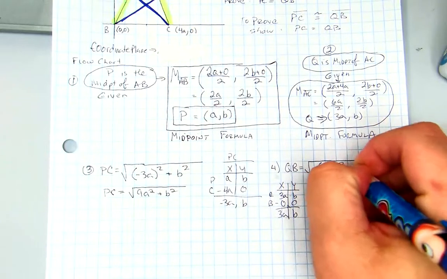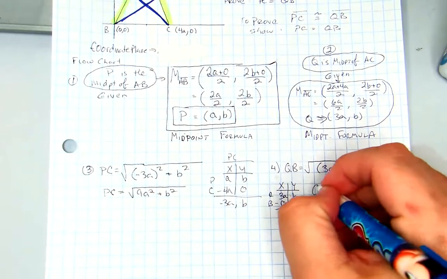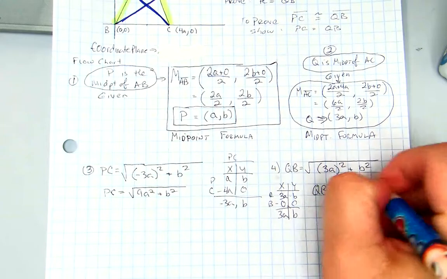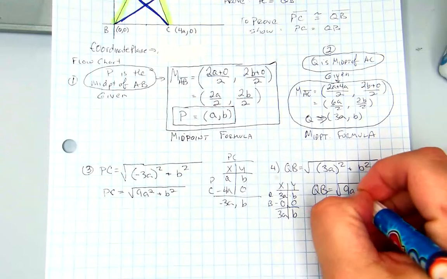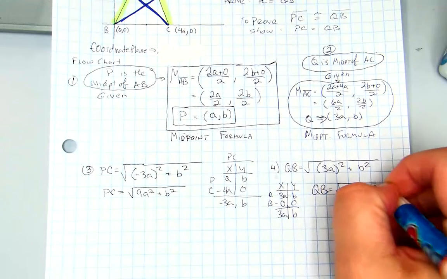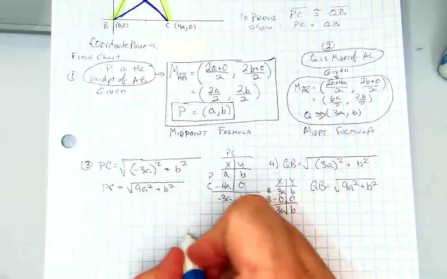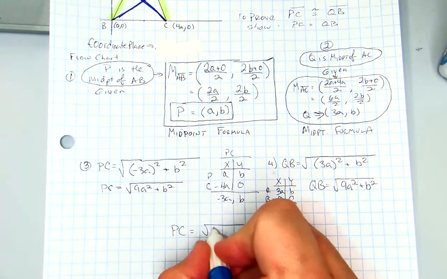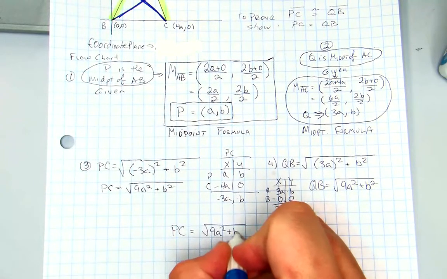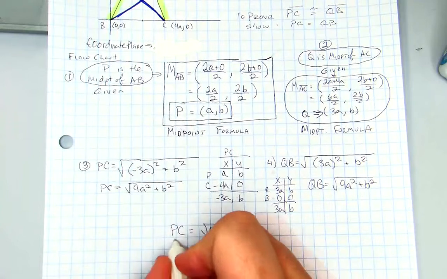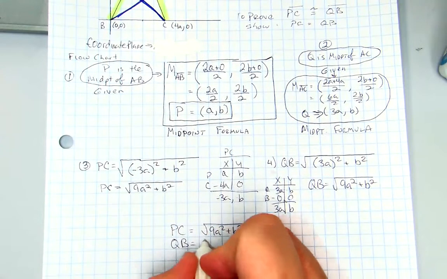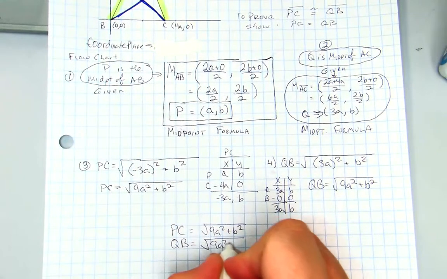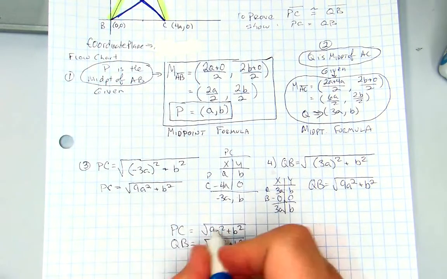3a squared plus b squared. So QB is equal to the square root of 9a squared plus b squared. Now, PC is the square root of 9a squared plus b squared, and QB is equal to the square root of 9a squared plus b squared.